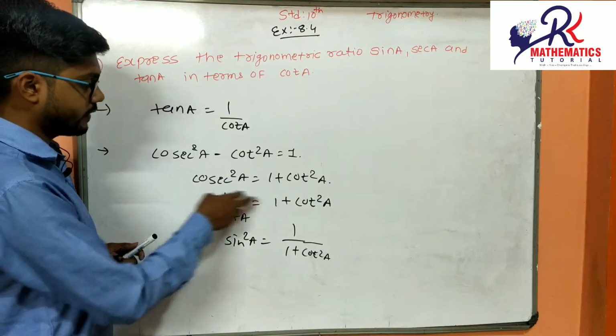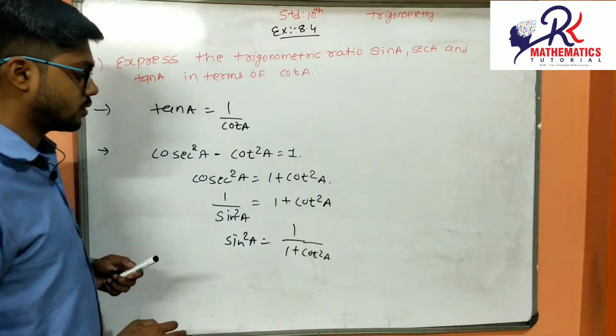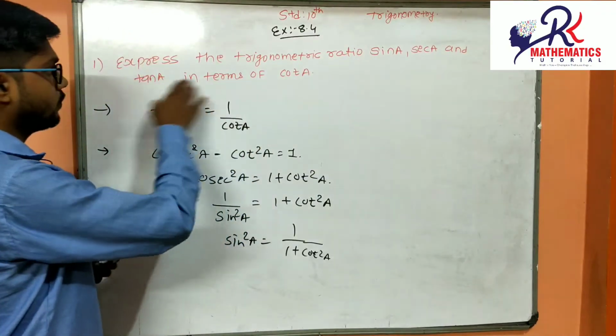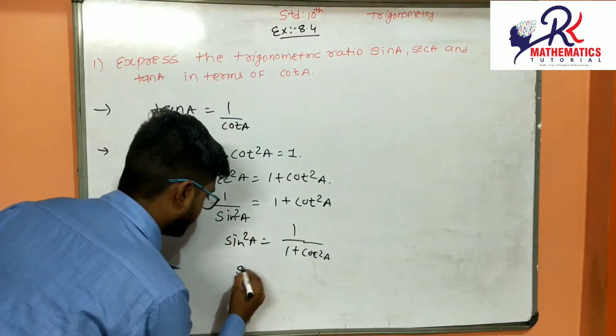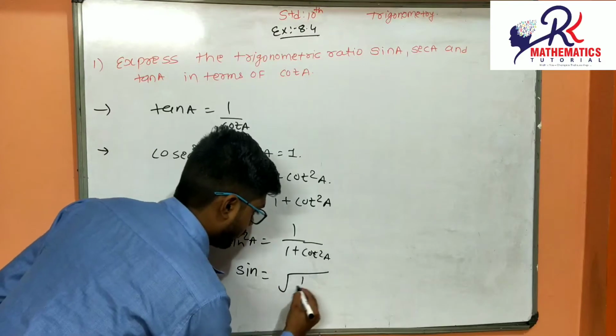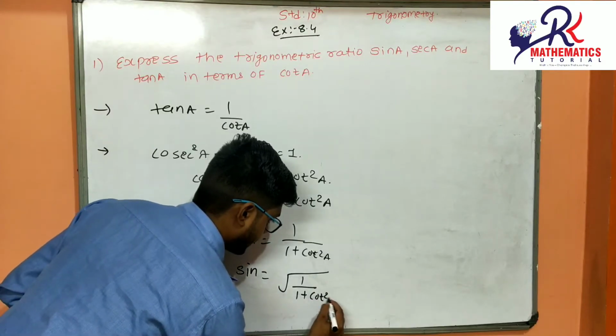Now we have to find the value of only sine, so taking the square root, it is the square root of 1 upon 1 plus cot square A.